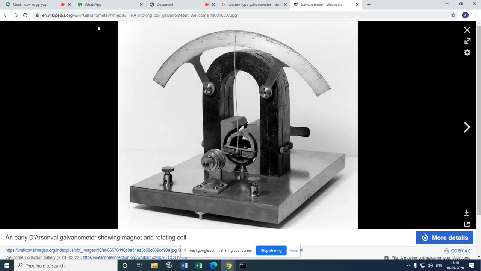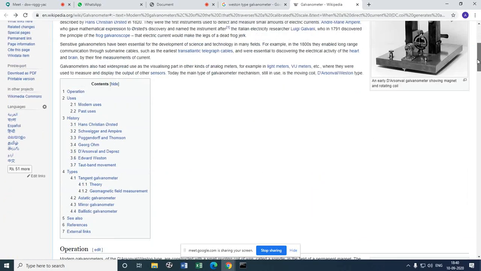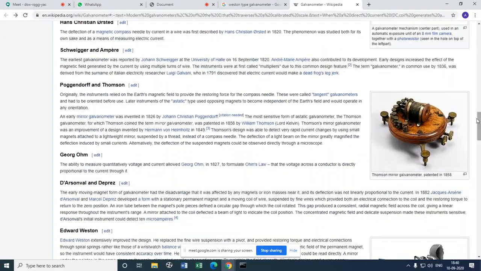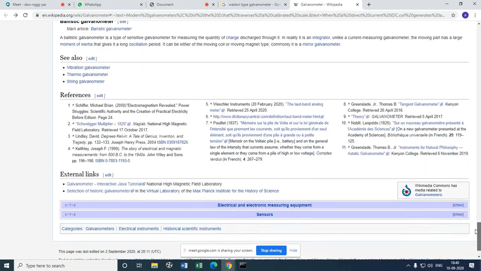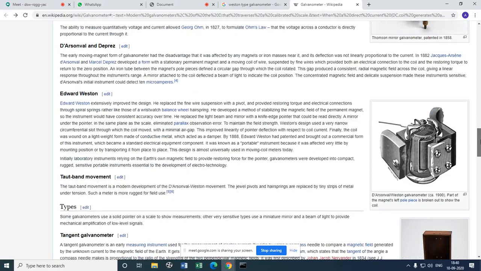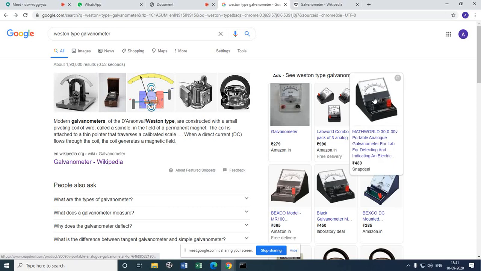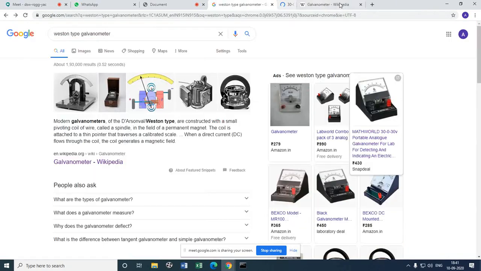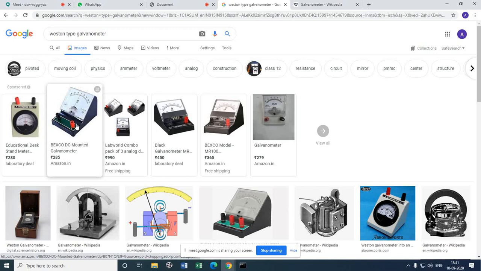I'll tell you what the figure of merit of this one is. Let's come to the picture.